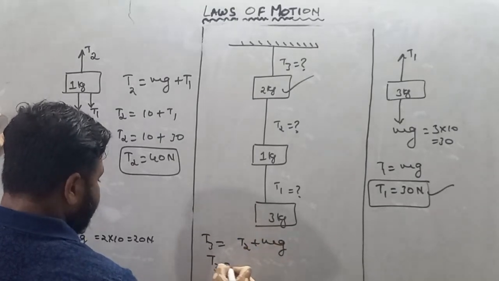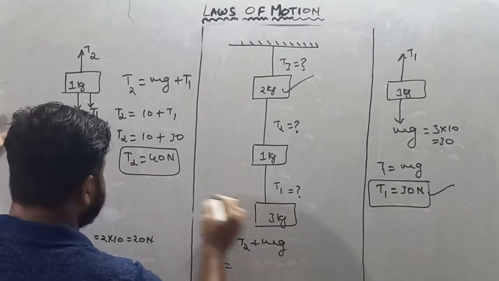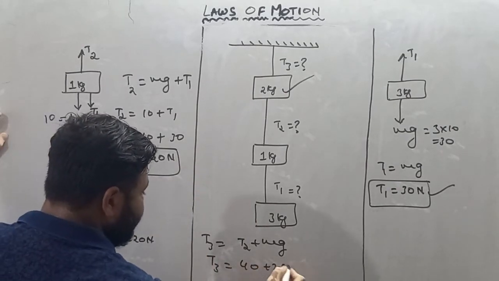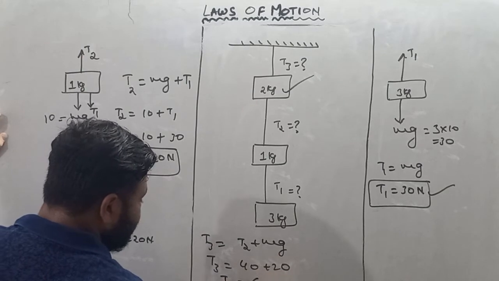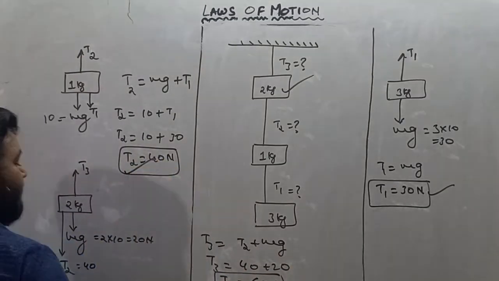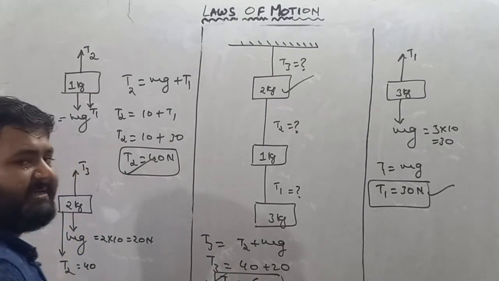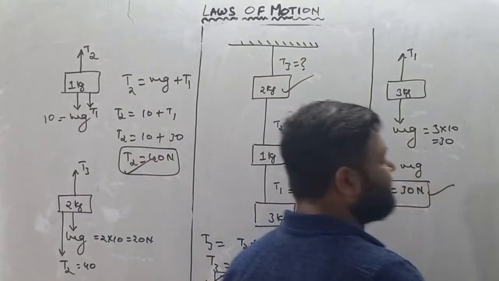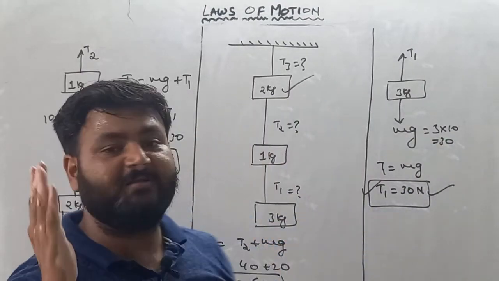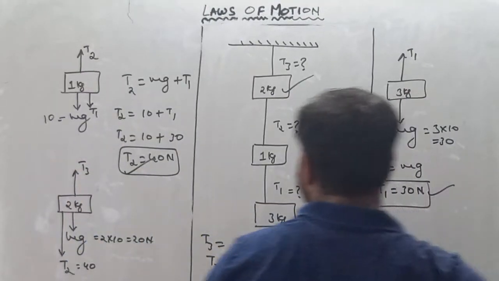The value of T2 is 40 Newton. So 40 plus 20, T3 is equal to 60 Newton. So here comes the value of T2, 40 Newton, the value of T3, 60 Newton, and the value of T1, 30 Newton. I hope you all understand how to solve problems related to equilibrium of forces.